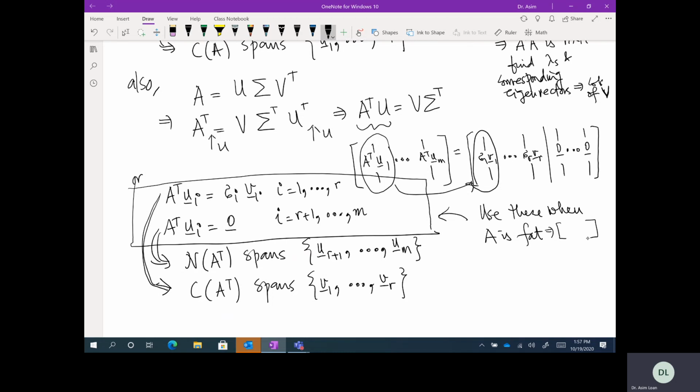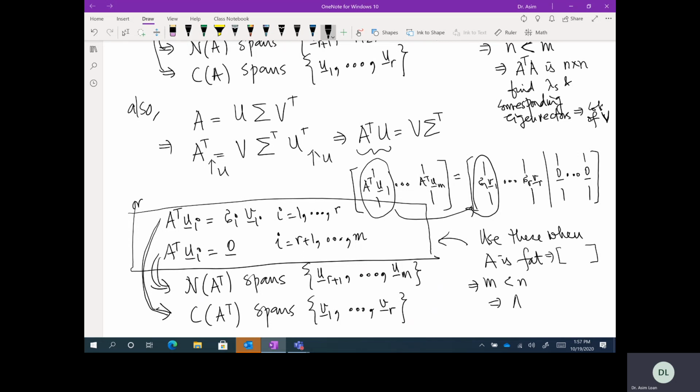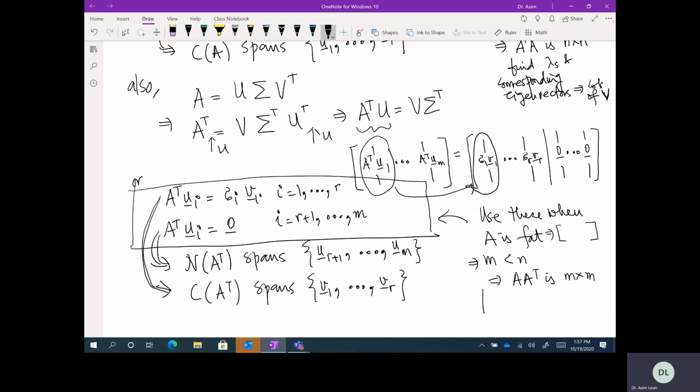If A is fat like this, this means M is less than N. If M is less than N, then A A transpose is M by M. And obviously this has smaller dimension than A transpose A, which is N by N, because here N is greater than M. And we find the eigenvalues and corresponding eigenvectors, which are the columns of U.